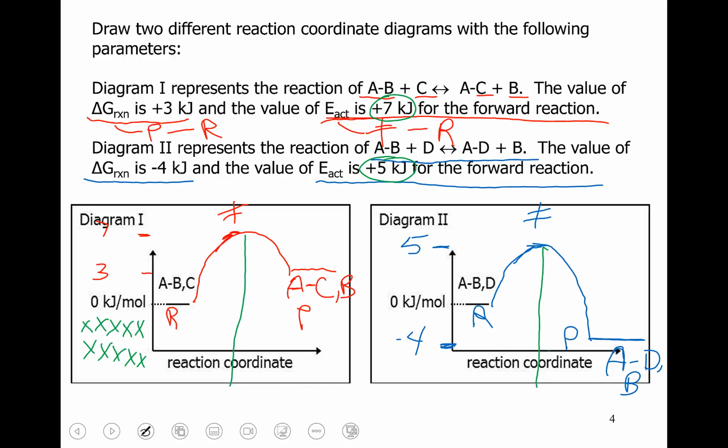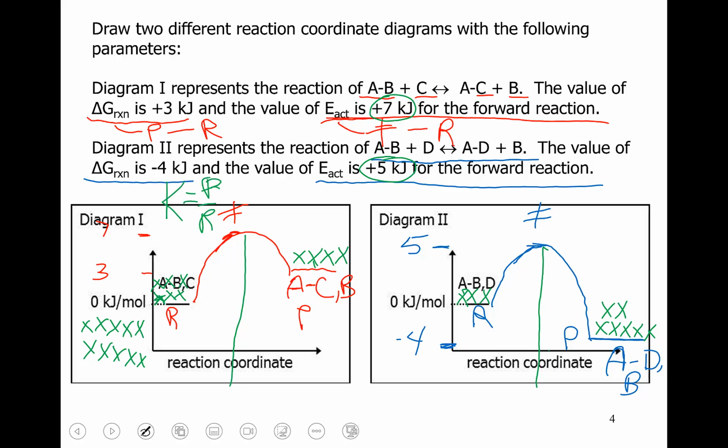If I had 10 molecules going into this reaction, we know that the lower energy side is favored. So for diagram 1, I might have 4 product molecules, but 6 reactant molecules, because reactant is at lower energy. For diagram number 2, I might have 7 product molecules and only 3 reactant molecules, because product is at lower energy.